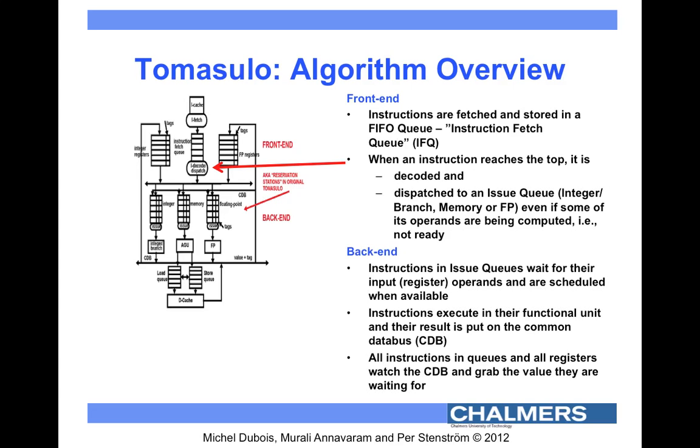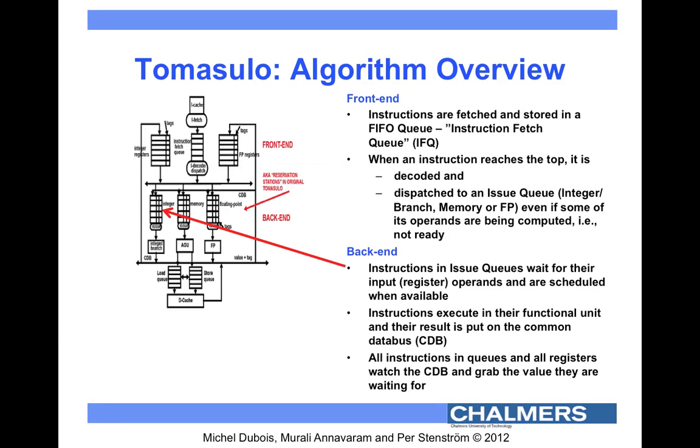We don't read from the register file. That's very important to note. We just dispatch it as soon as we can, and of course if all the instruction queues are filled up, or the specific queue that this instruction needs is filled up, there will be a structural hazard, so it will sit and wait in the instruction fetch queue until it can be dispatched.